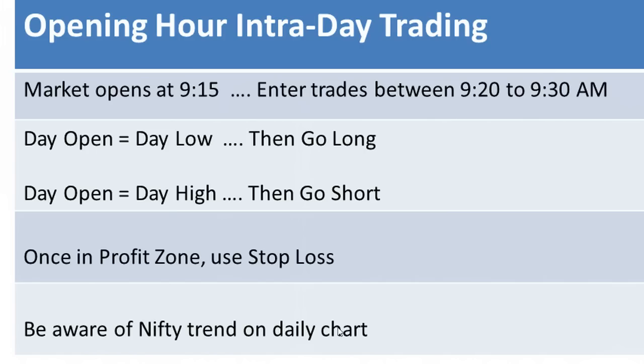During a positive trend, it is better to look for long opportunities and avoid short opportunities. So be aware of the Nifty trend and pick whether you want the long or the short opportunities.